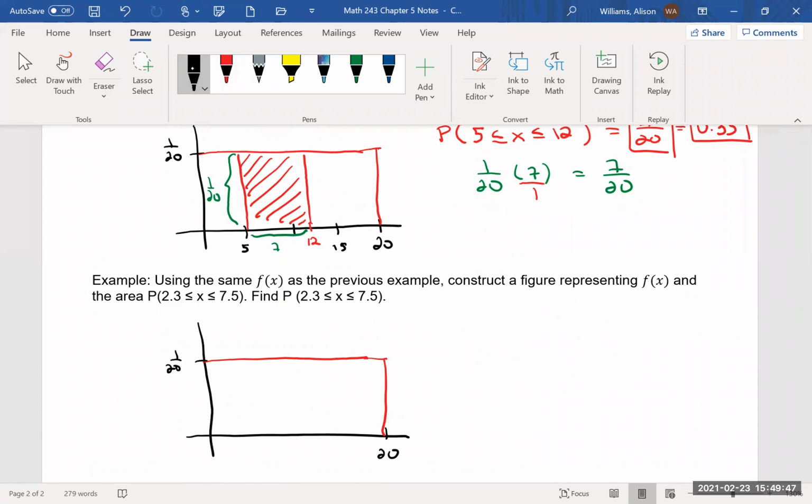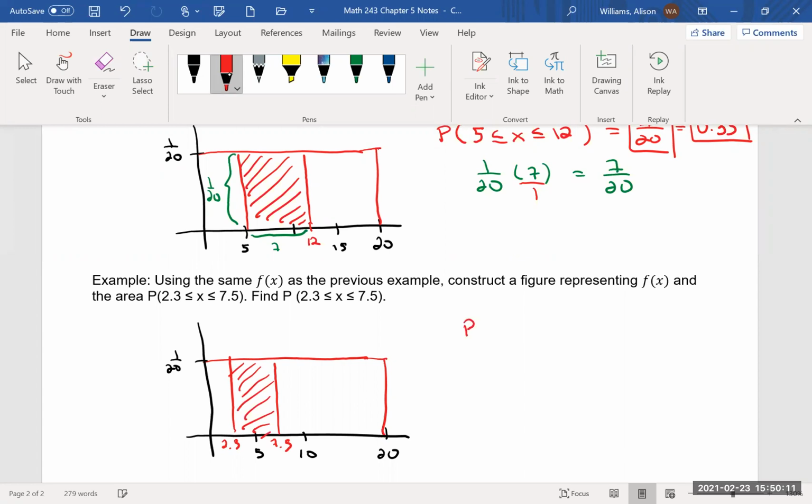If that's 10 and that's 5, 2.3 is going to be halfway between, so I'll just say that's 2.3. And 7.5 is definitely halfway between 5 and 10. There we go, 7.5. Okay, so there's this area.